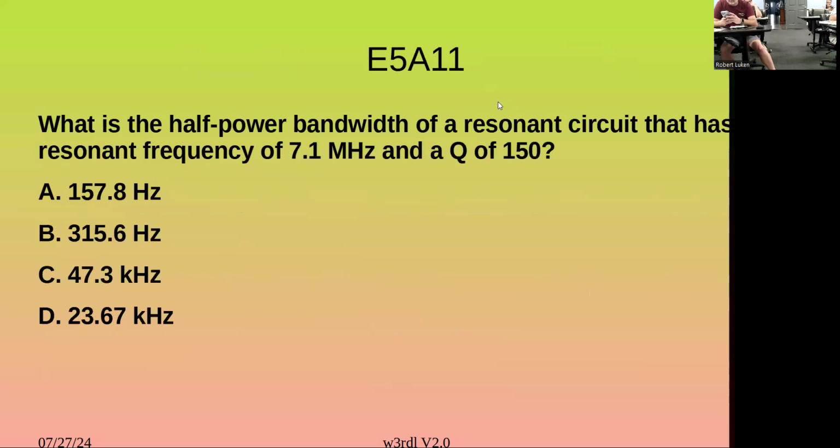What is the half power bandwidth of a resonant circuit that has a resonant frequency of 7.1 megahertz, that old 7.1 that we just had, and a Q of 150?